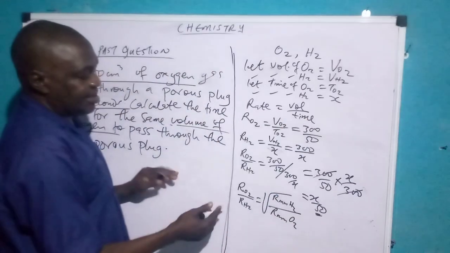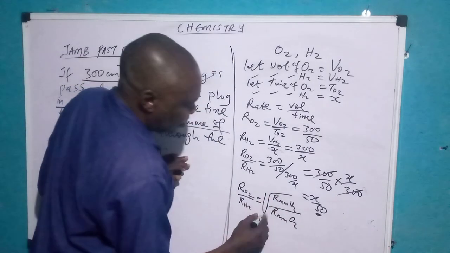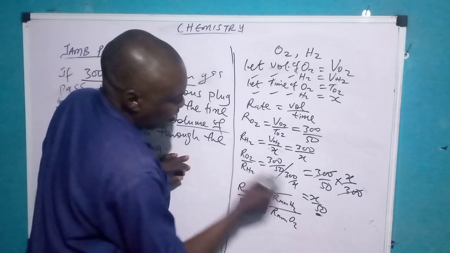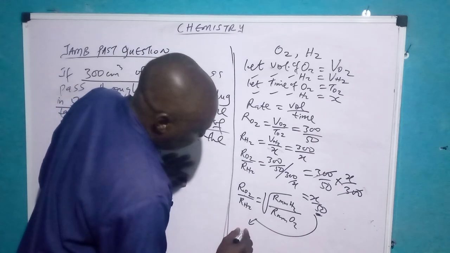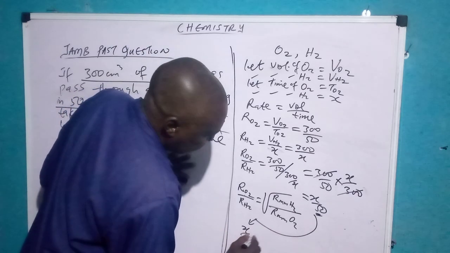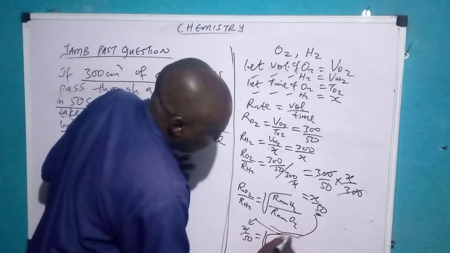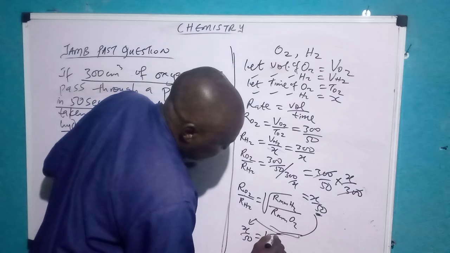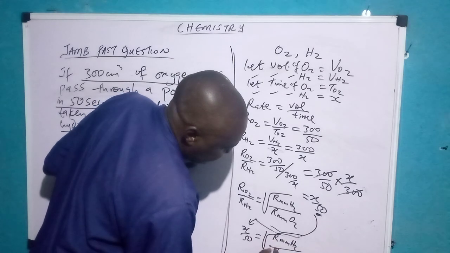Remember I said it's always like this. Hydrogen down to be up, oxygen up to be down. Since this one is equivalent to this, we now substitute it here. We now say X over 50 equals the square root of RMM of H2 over RMM of O2.